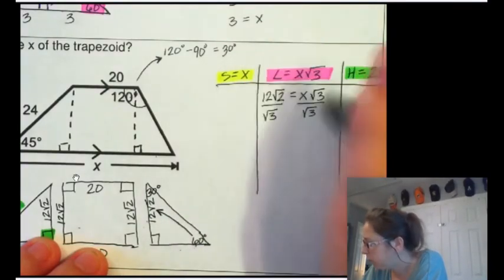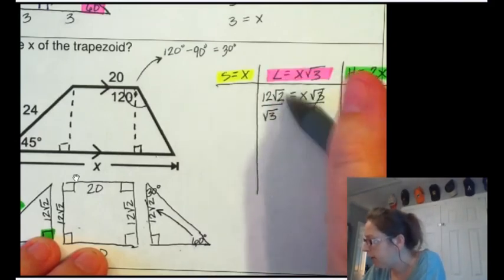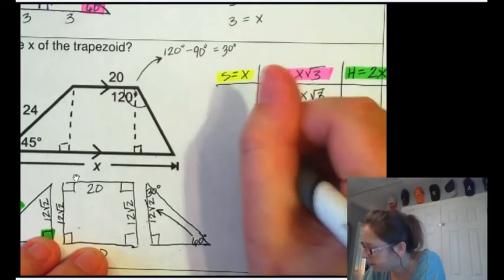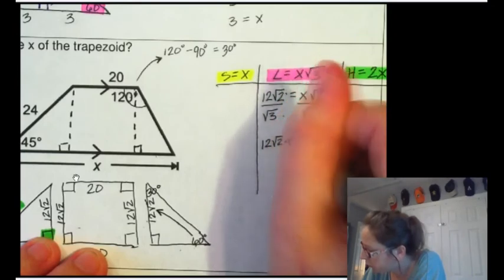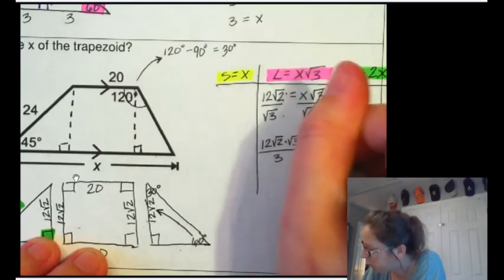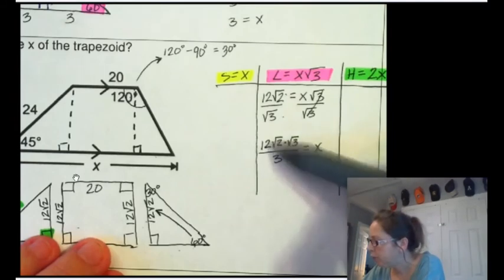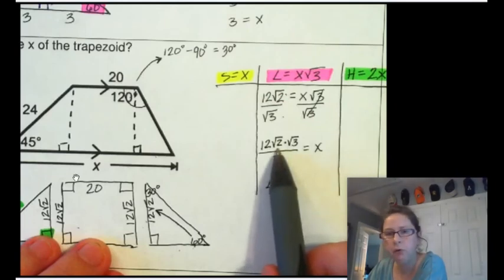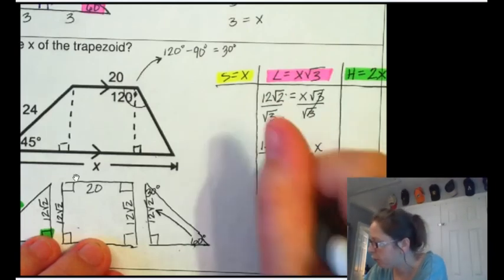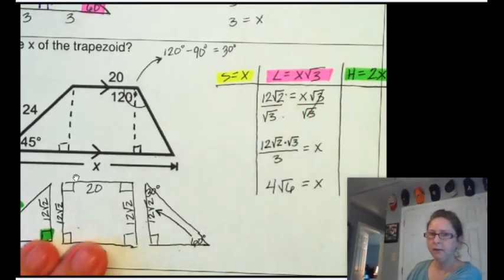Okay, I can't leave it like this. So if I multiply top and bottom by the square root of 3, I end up with this, and now I can simplify. So there's two things to simplify. 12 divided by 3 is 4. And the square root of 2 times the square root of 3 is going to give me the square root of 6. So that's what x equals.